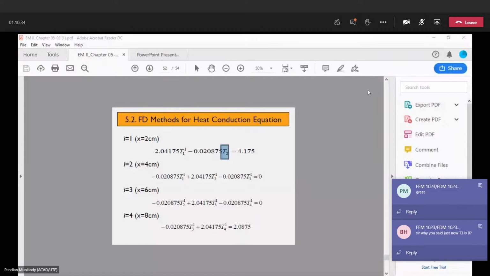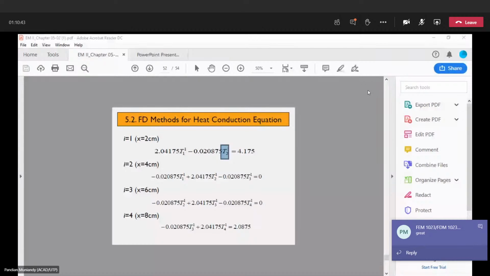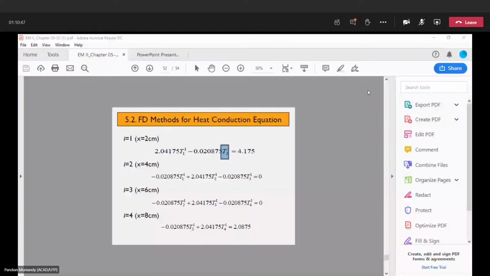No, T14. Sorry. Yeah, T13 is 0. This is the initial condition. Answer is 1.02252.